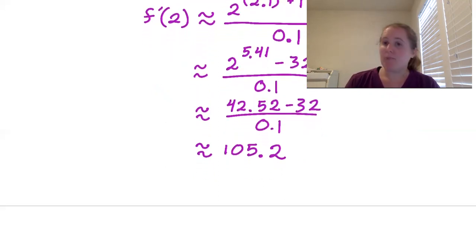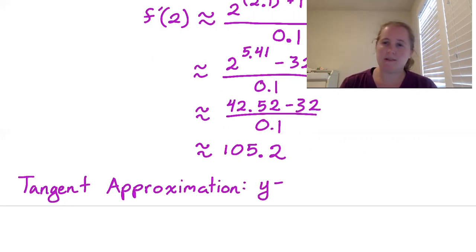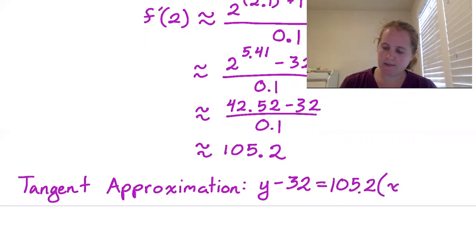So, or approximate. So the tangent approximation: we have y minus the y value of 32 is equal to our slope of 105.2 times x minus our x value, which was 2.